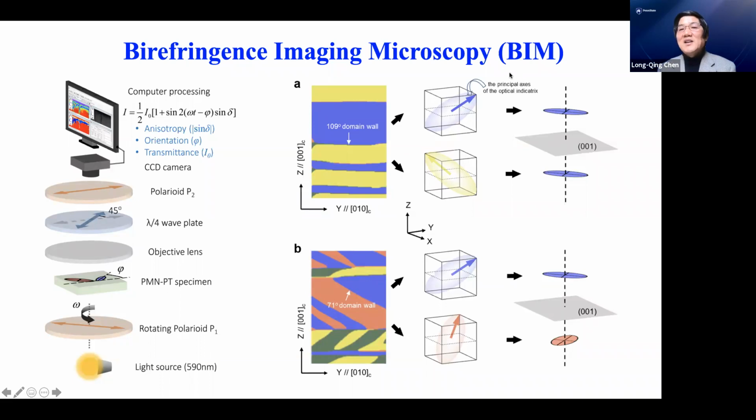If we look at the optical indicatrix across the 109-degree domain wall, this ellipsoid doesn't change. But across the 71-degree domain wall, it actually rotates. This means the 71-degree domain wall will reflect light, but the 109-degree domain wall will let the light transmit.